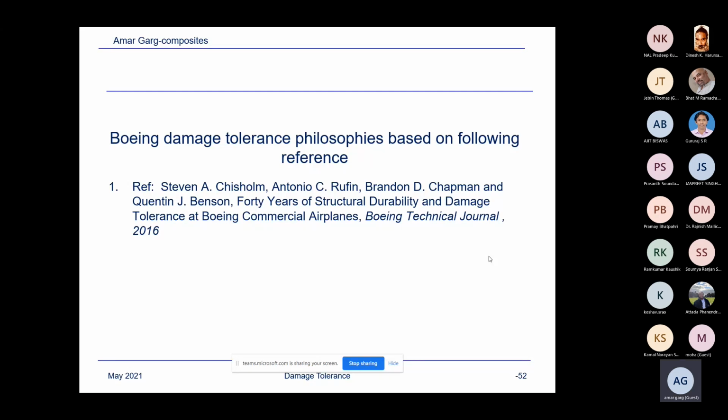So there's a paper from the public domain, 40 years of structural durability and damage tolerance of Boeing airplanes. It is very interesting to read this paper about Boeing's damage tolerance philosophy and durability. Again, this paper I had sent to Professor Dinesh as well as to NAL, Kotrish.